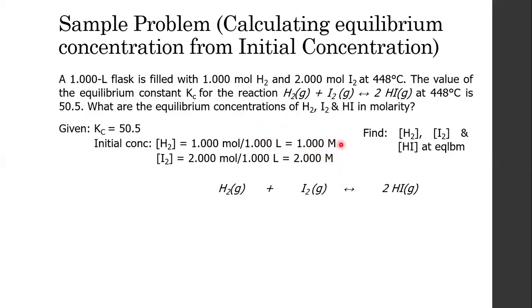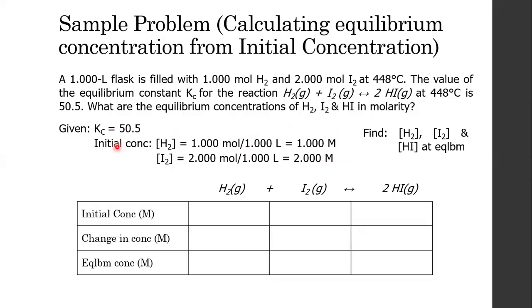So you get 1 molar H2, or hydrogen gas, and 2 molar iodine gas. Now, this problem would introduce us to an ICE table. What is an ICE table? An ICE table is simply a table, and ICE means I, initial concentration, C, change, and E, equilibrium.